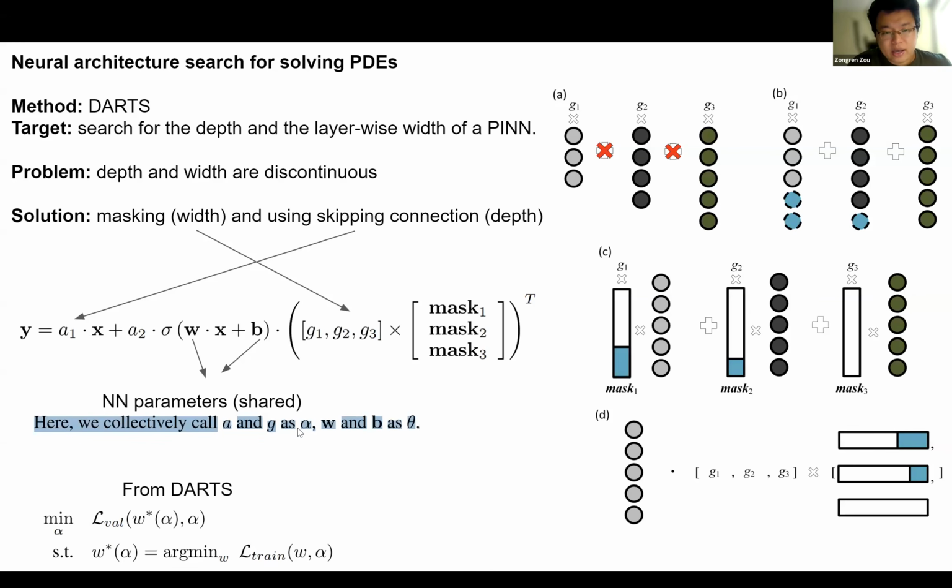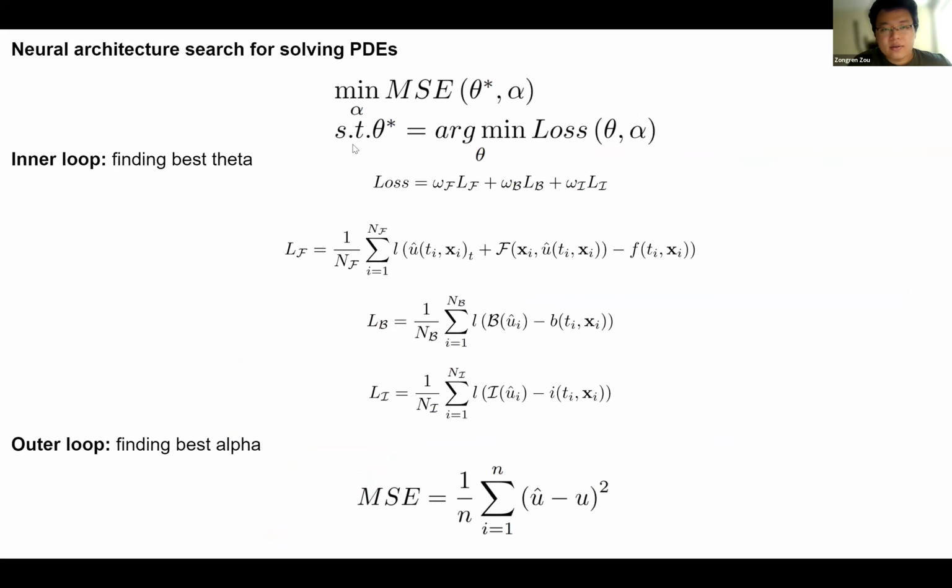They call A and G as alpha, which is the architecture parameter, and W and B as theta, which is the network parameters. So you see from DARTS, theta corresponds to omega, and alpha corresponds to alpha. Okay, so this is how they formulate the problem.